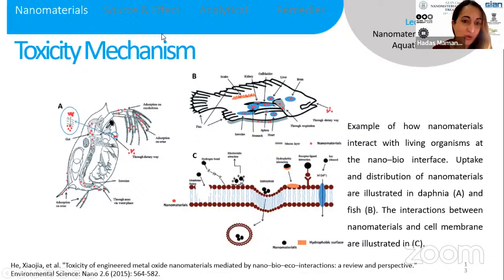This is illustrated in the Daphnia in A. And we can have very different phenomena, for example, adsorption on different components of the Daphnia, through a dietary way, through the gut, and we can also have uptake through the anus from the water phase, adsorption on different components.